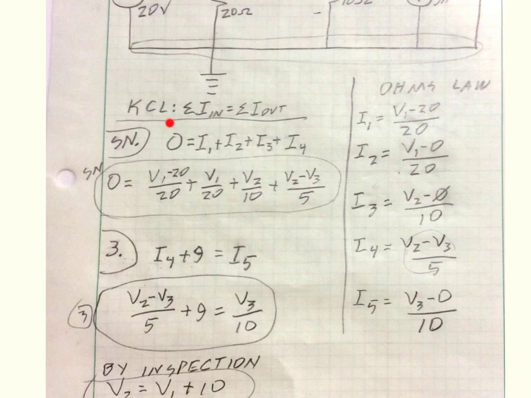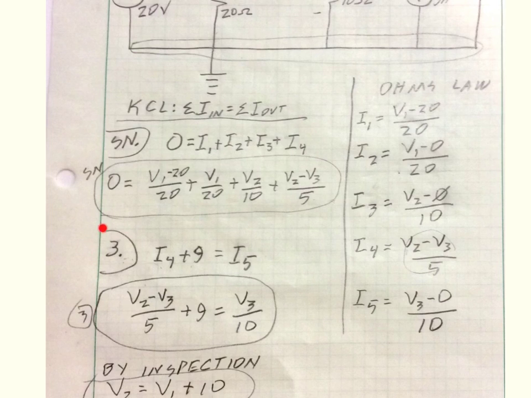Nonetheless, for the supernode, current in equals current out. So I'm going to come down here and write Kirchhoff's current law for the supernode. Current into this: 1 is out, 2 is out, 3 is out, 4 is out. There's no currents in, so we have 0 equals current 1 plus current 2 plus current 3 plus current 4. This equation is Kirchhoff's current law for the supernode.